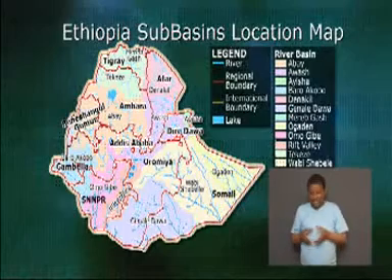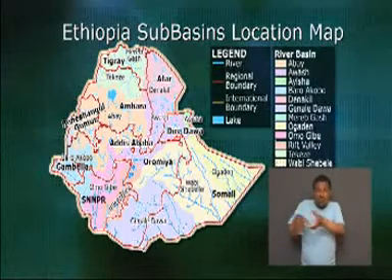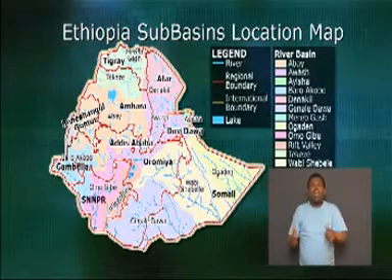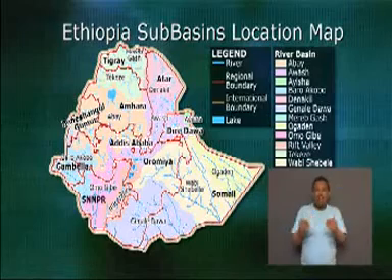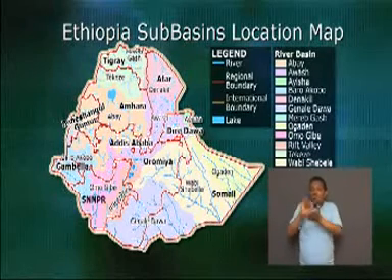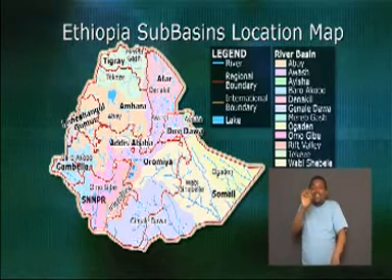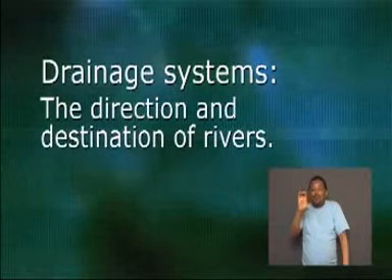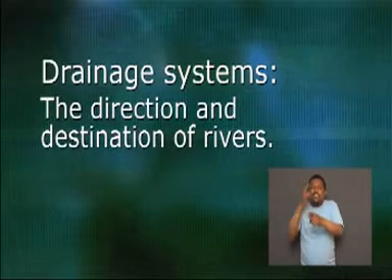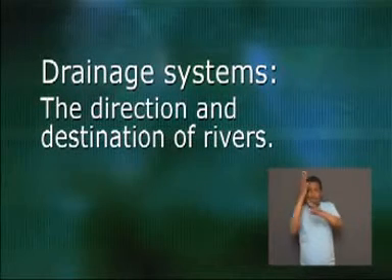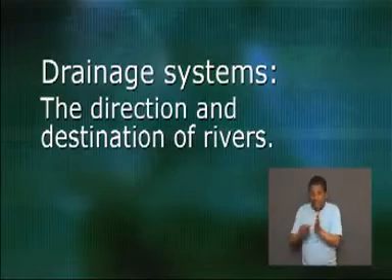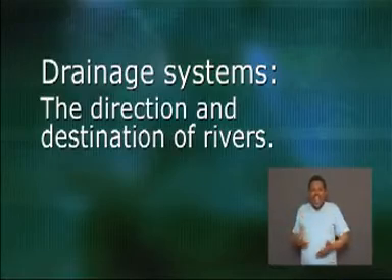Ethiopia's drainage patterns were formed from various structural events that took place during the Cenozoic era. The term drainage systems refers to the direction and destination of rivers.